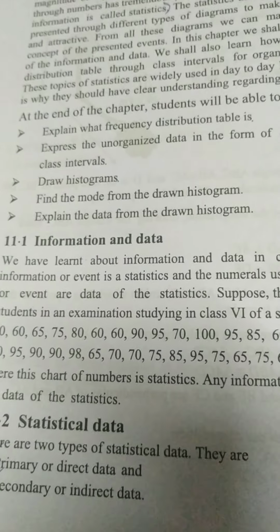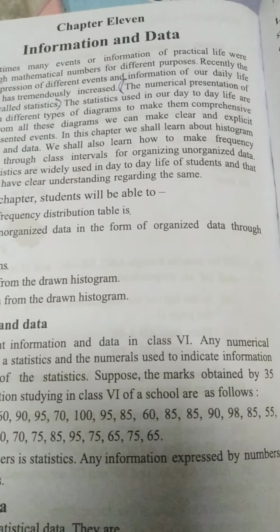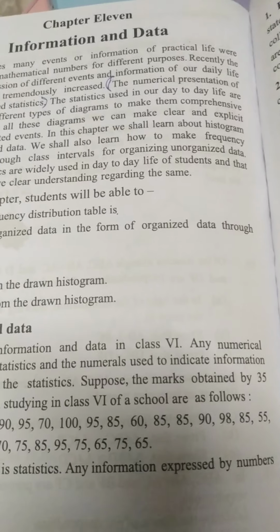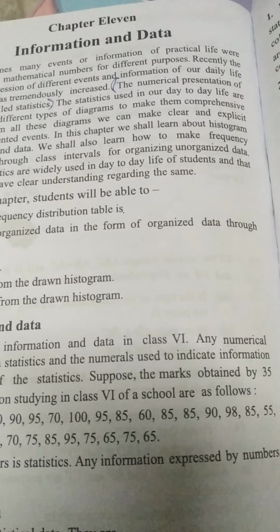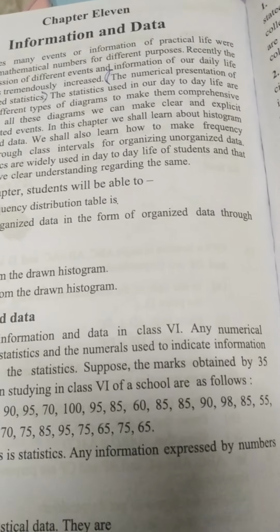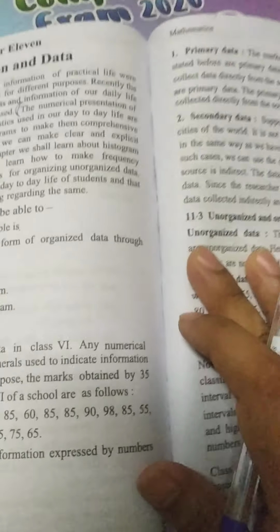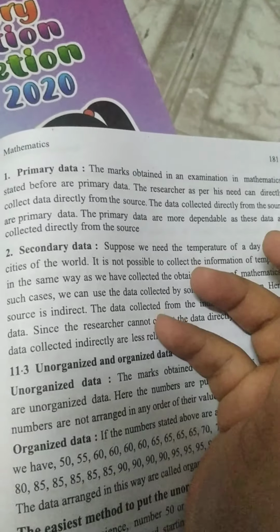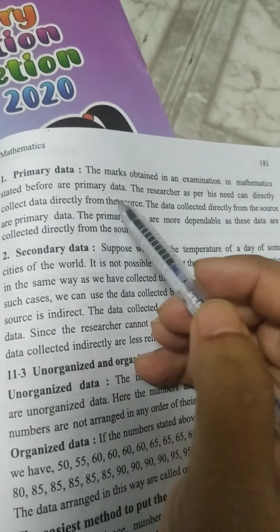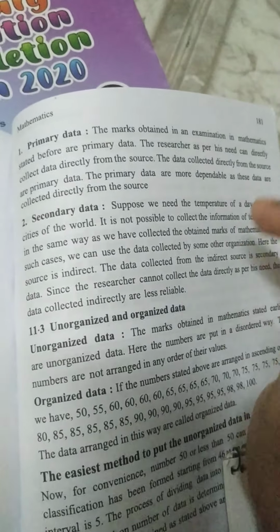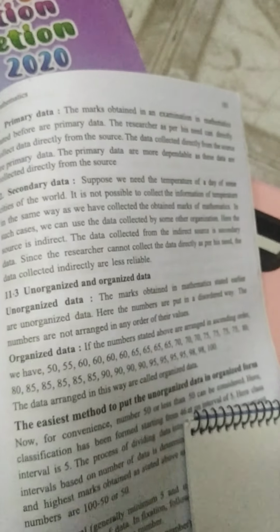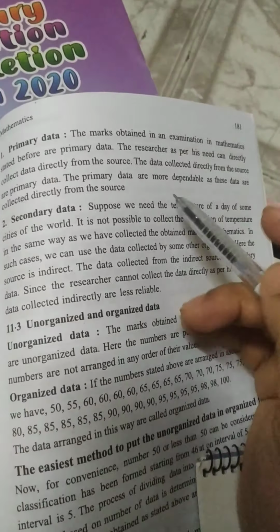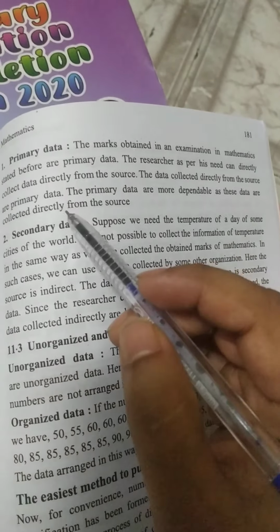So what is primary data? Let's give a direct example so that you can understand properly. Over here it's written: the marks obtained in an examination in mathematics stated before are primary data. But if I say what is primary data, it is the data collected directly from the source.